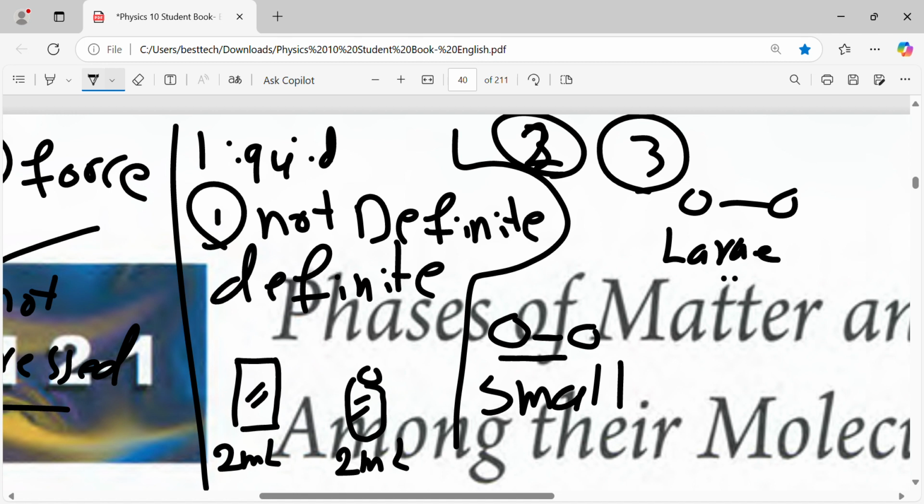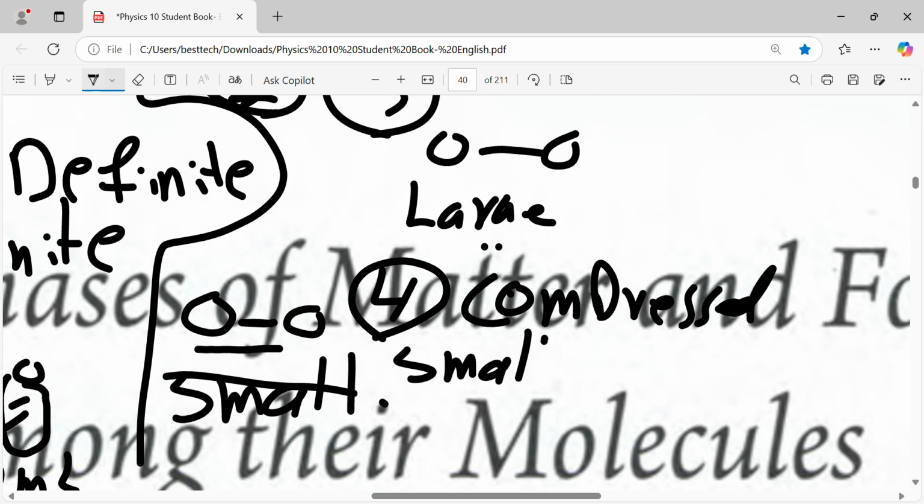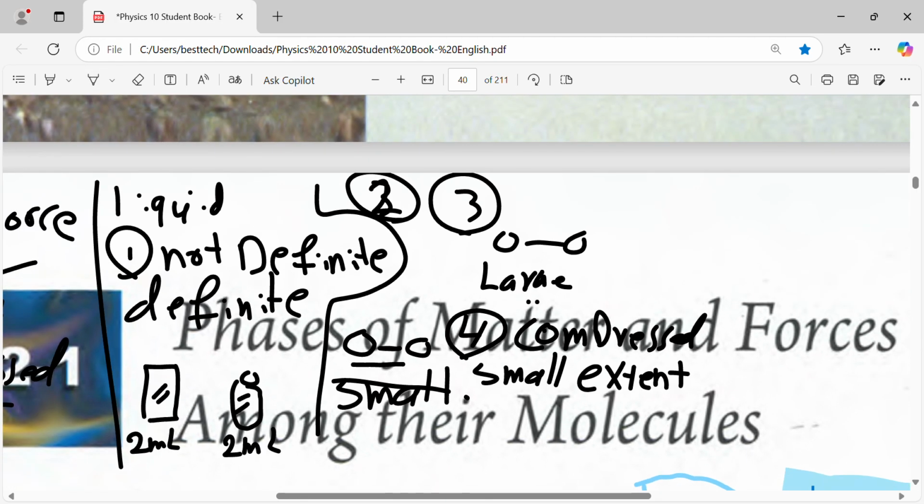The last property of the liquid is that we can compress it, but only to a small extent. It means sometimes we can apply pressure and sometimes not, because the distance is still small, but compared to solid it's large. That's why.